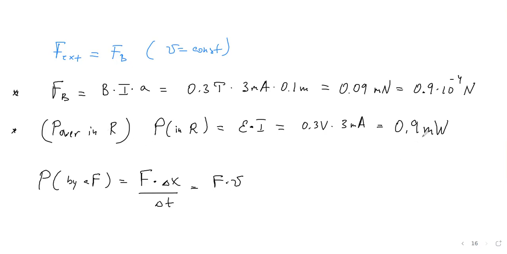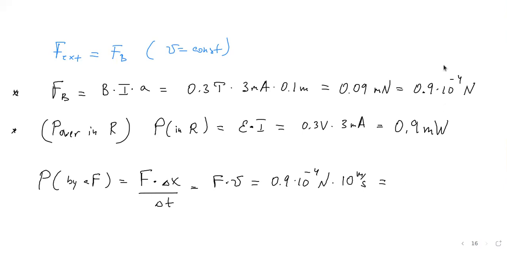This is what is consumed by the resistor, and this is what I produce. What was the force, by the way? 0.9 times 10 to the minus 4 newtons, and velocity was? Was 10 meters per second.